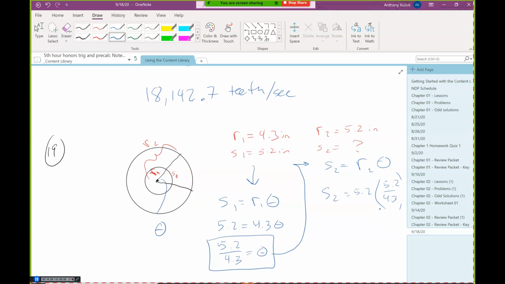Good. So I think we get about 6.3 inches. Did it say, oh, wanted it to the nearest hundredth, sorry. 6.29. Which should be what was on the answer key, I hope, right?